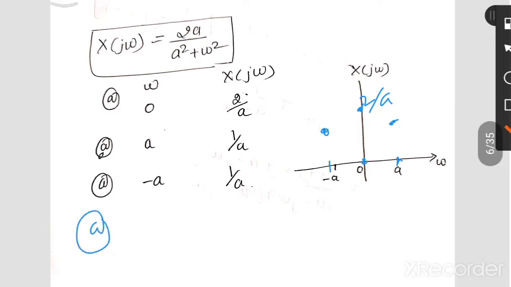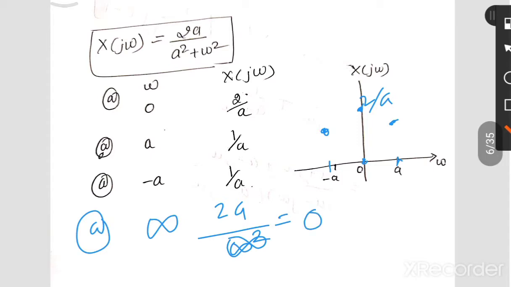And next, if you are substituting infinity, when you are substituting plus infinity, it will be 2a divided by a square plus infinity square. That is nothing but again infinity square. So again it is infinity. Anything divided by infinity will be 0.